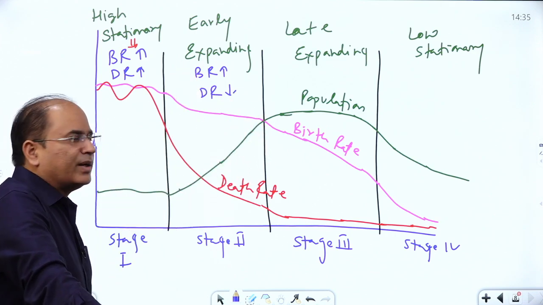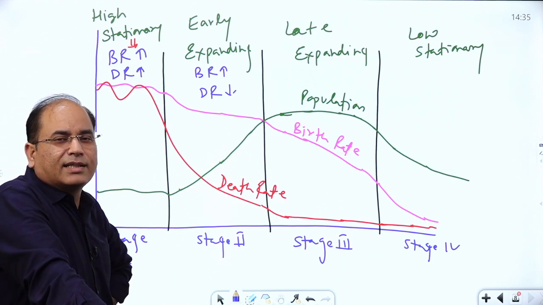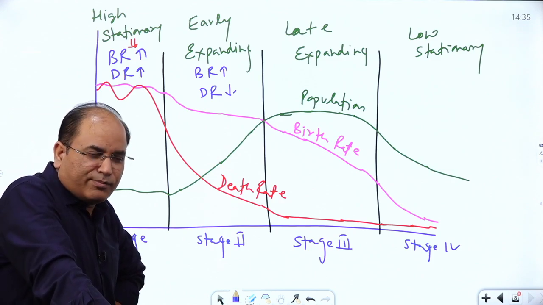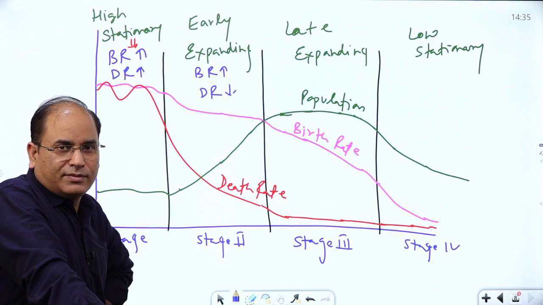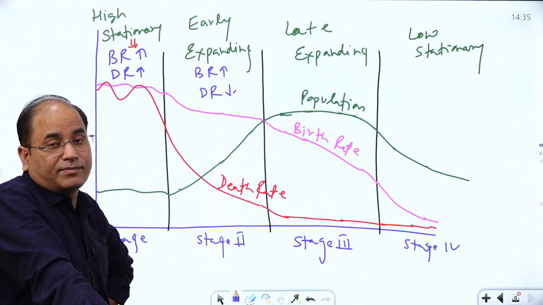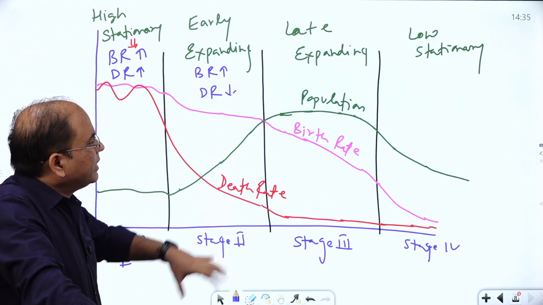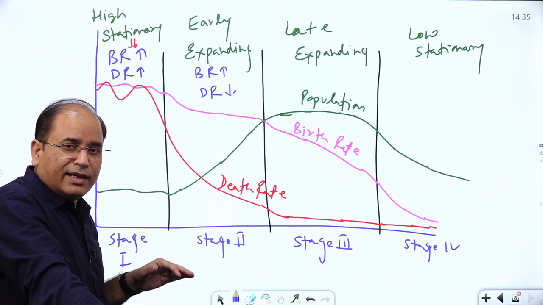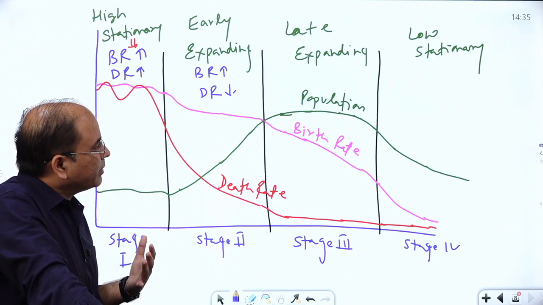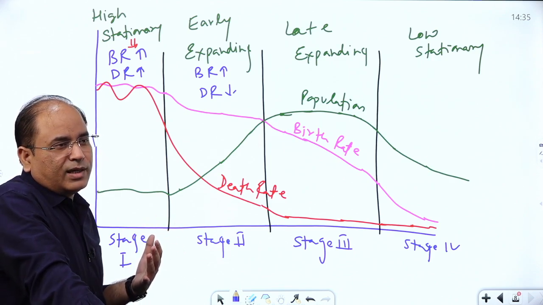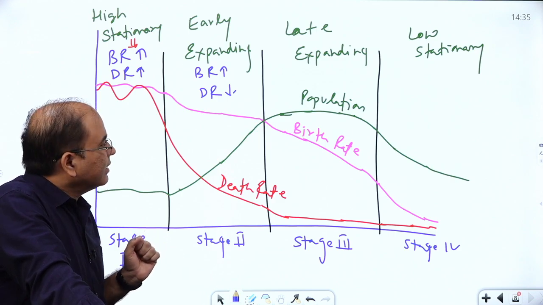Now in this late expanding, death rate has almost settled down. Medical facilities have evolved. Industrial revolution has emerged. तो यहाँ पे industries का भी बहुत penetration हो गया है. Then you will have a death rate that has completely evolved.